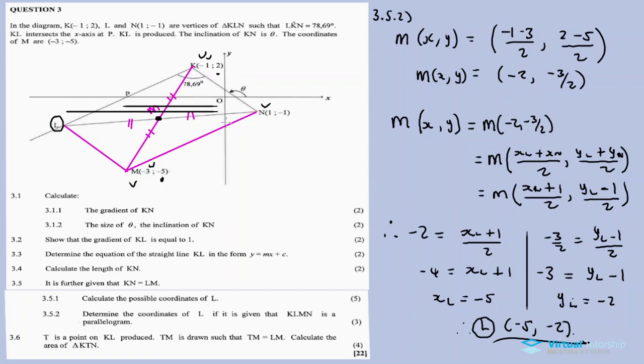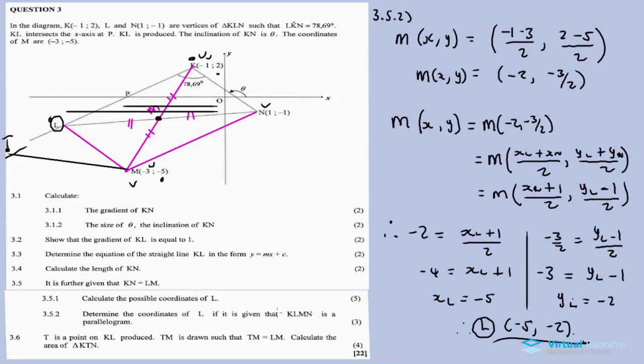T is a point on KL produced, so T is somewhere. TM is drawn such that TM is equal to LM.